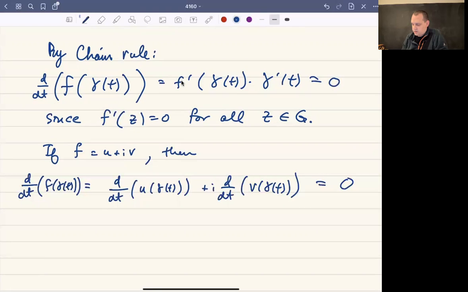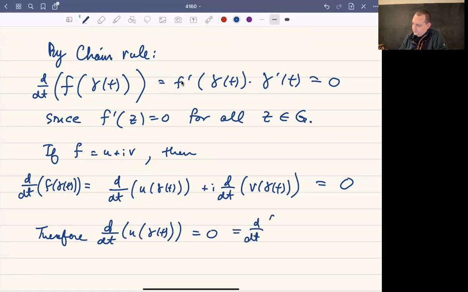So therefore, the derivative of u of gamma of t is going to be equal to 0. And likewise, the derivative of v of gamma of t will be 0, for all points on that path.